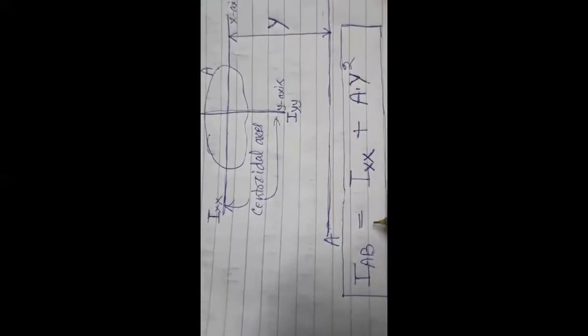Ixx is the moment of inertia of the area about its own centroidal axis along x-axis. So IAB is equal to Ixx plus A into Y square.